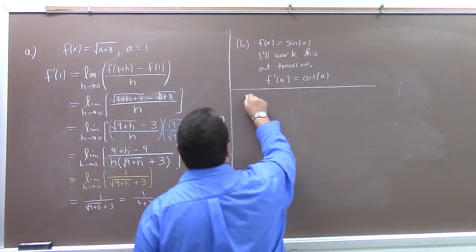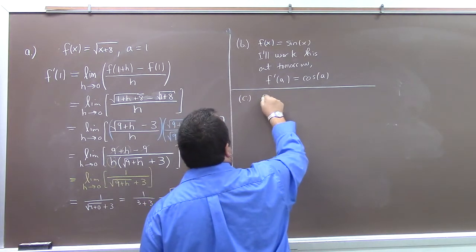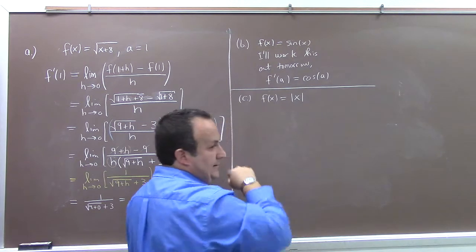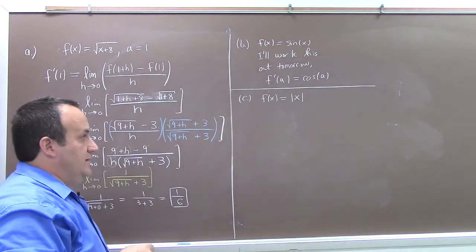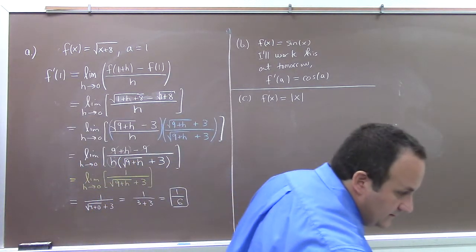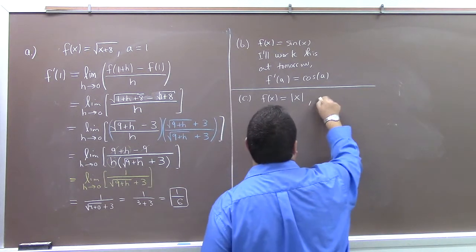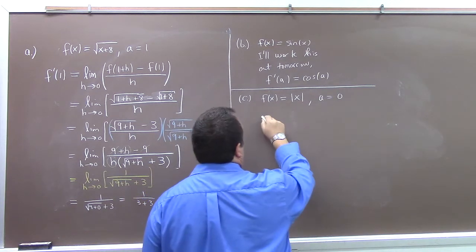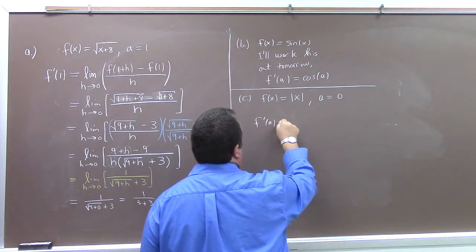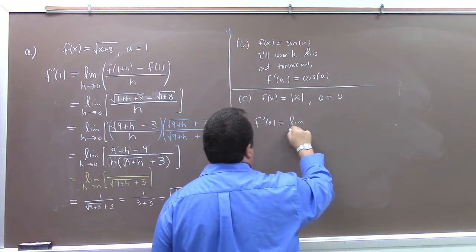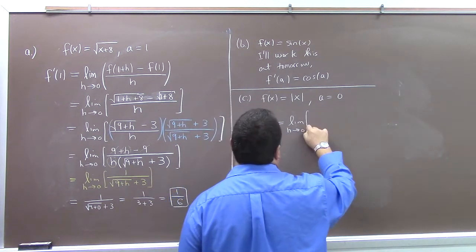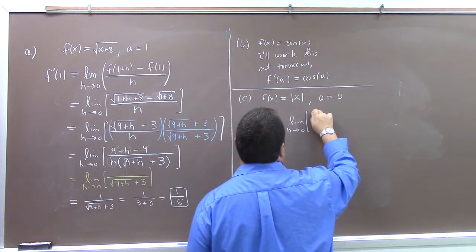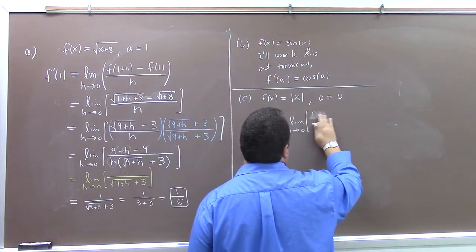C, the other example we're looking at in the lab, is f of x equals the absolute value of x. All right? And we're going to look at a equals 0. So let's see how this goes. f prime of a, limit as h goes to 0 of f of a, well, let me just write it as absolute value.